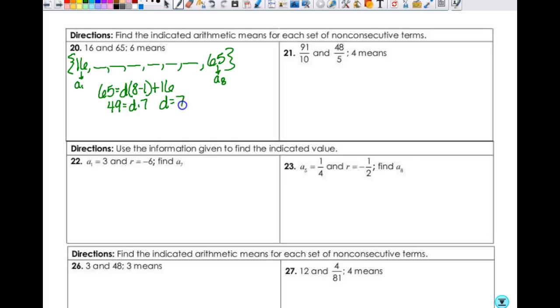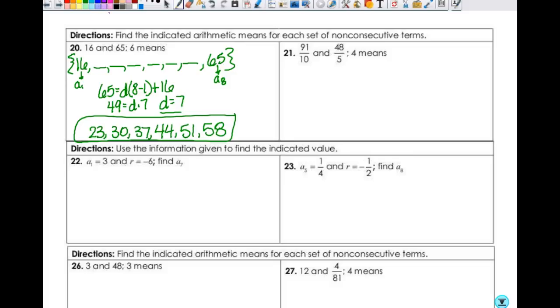So D is equal to 7. So my common difference is 7. So I take 16, I add 7 to it, and I get 23. Add another 7, that's 30, then 37, then 44, then 51, then 58. And if I added another 7, I'd be at 65. So there are the 6 means that are missing in there.